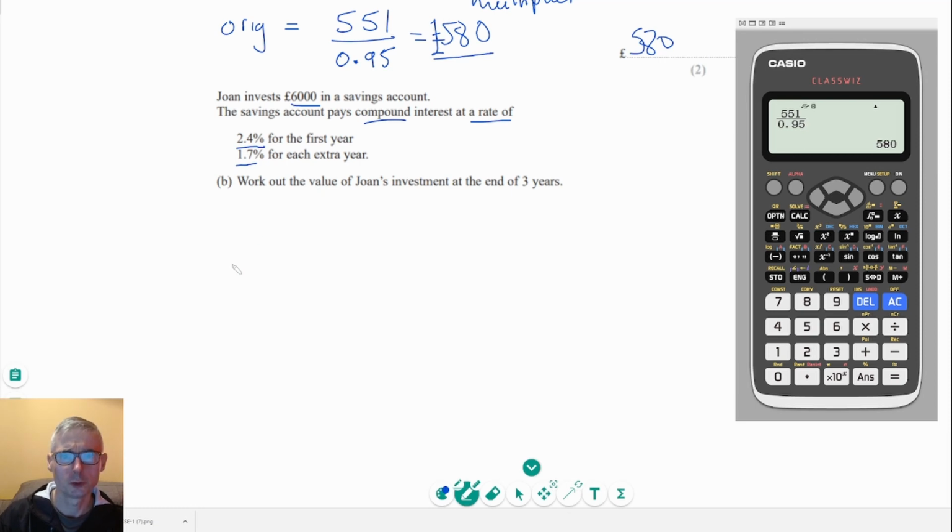Now, we could work this out every year and keep finding the percentage of the new figure and adding it on, but it's much easier to use the multiplier.